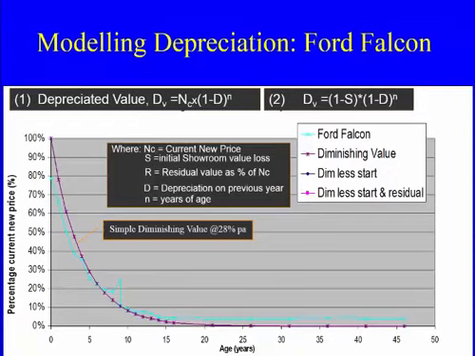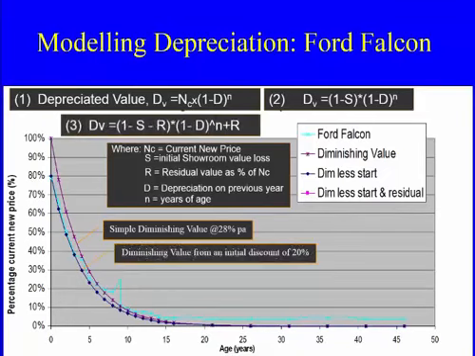We can adjust our mathematics for the showroom effect by merely making an initial deduction up front for that initial showroom value loss. And we do that in the second equation, where the depreciated value is 1 minus our initial showroom effect, expressed as a percentage of current new price, multiplied by 1 minus the depreciation rate raised to the nth power, where n is the years of age.